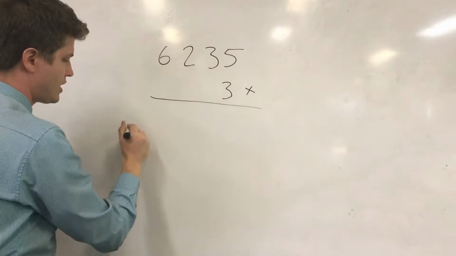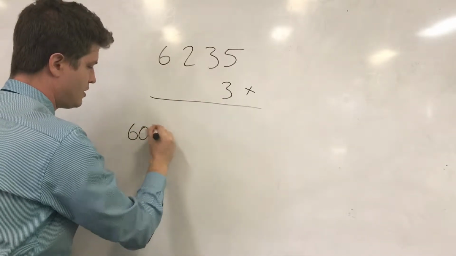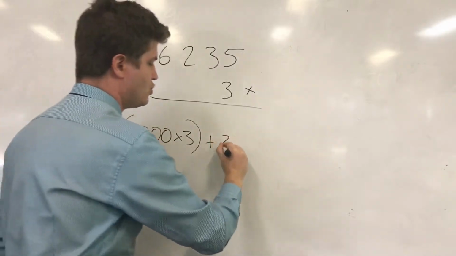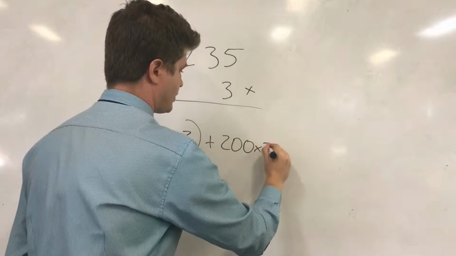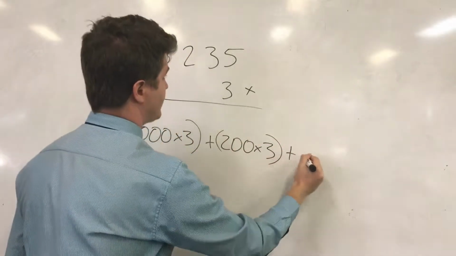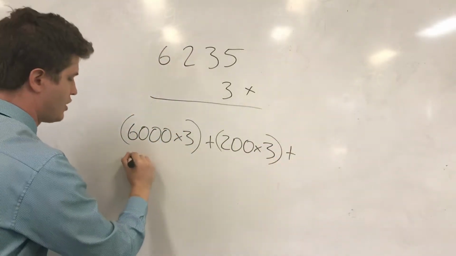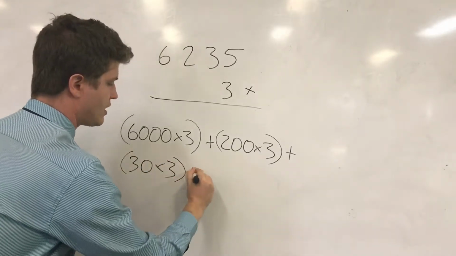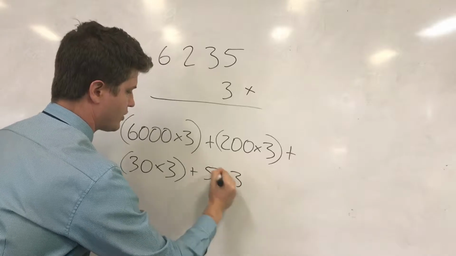So essentially we're turning into 6,000 times 3 plus 200 times 3 plus, let's go down here, 30 times 3 and then plus the 5 times 3.